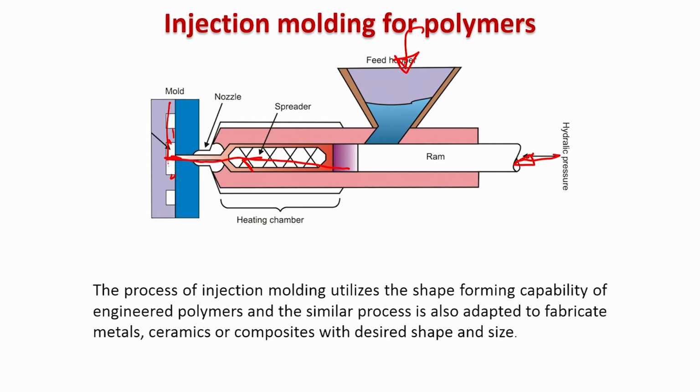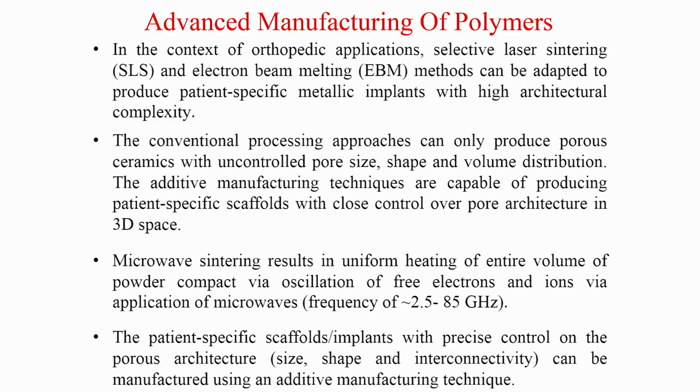Now, if you have a mold cavity, depending on how many cavities you have with a particular shape, this polymeric melt can be pushed into individual cavities by displacing these things in these particular directions, and then you can allow the melt to cool down, and you get the polymeric parts, injection molded parts, at the end of the processing.